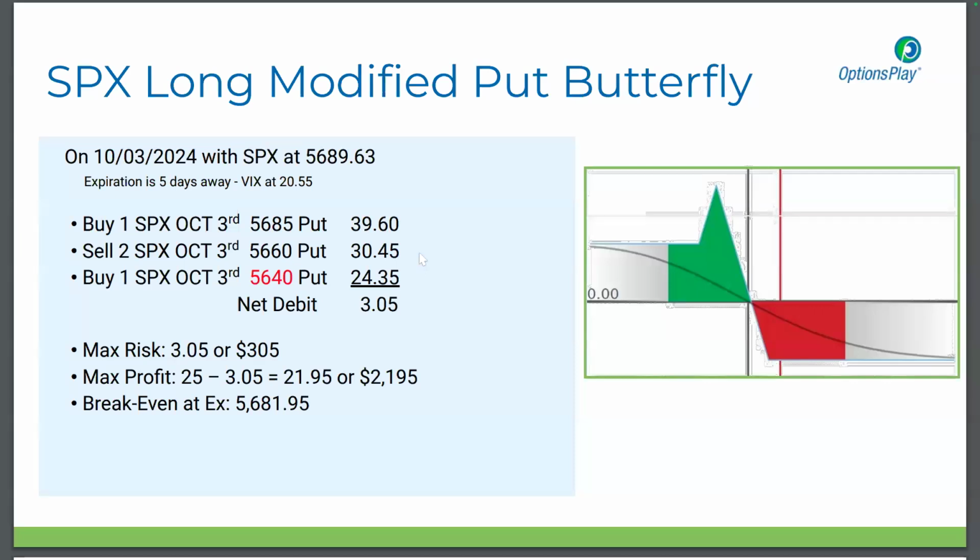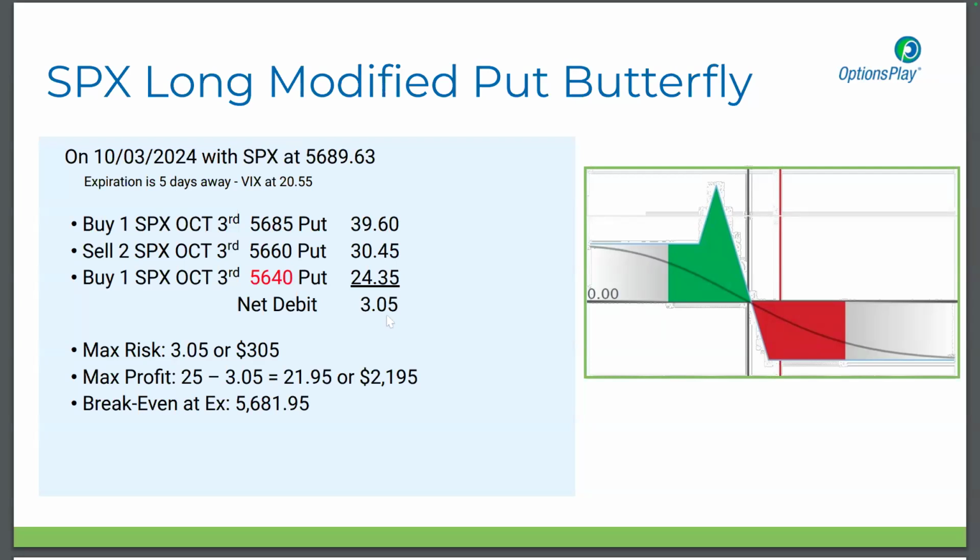All right. How do you determine the strike structure? Well, it's quite simple. If I'm looking at these strikes, and this is 25 points, the smaller the width on my short spread, like how we started out, if I make this 5645, I'm going to have to pay more of a debit. So I do something that's feasible.